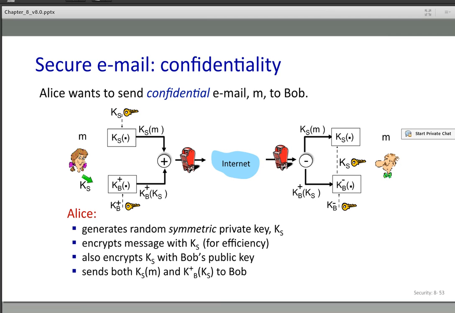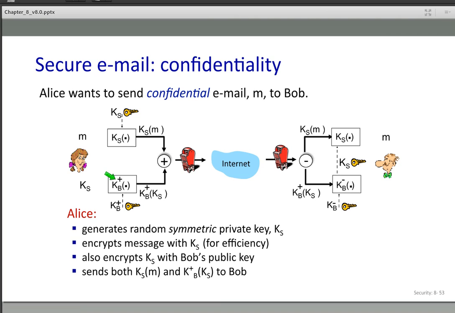Again, it's simple. Alice can send that shared key to Bob. Alice sends a secret email to Bob plus the shared key. But before sending, Alice will encrypt that shared key with the public key of Bob.